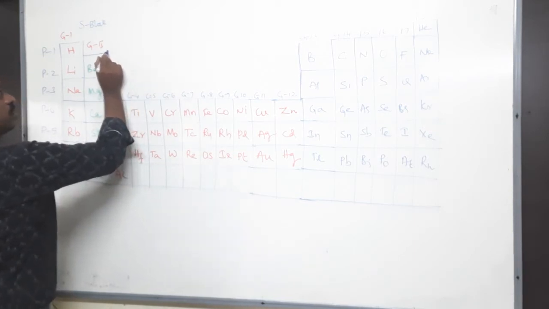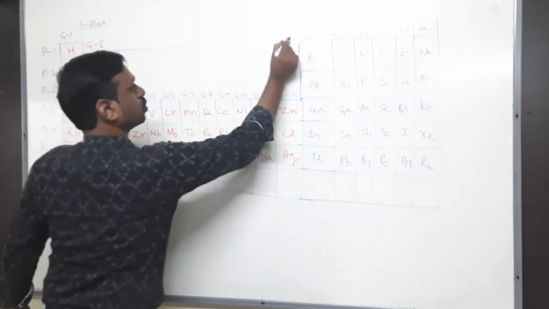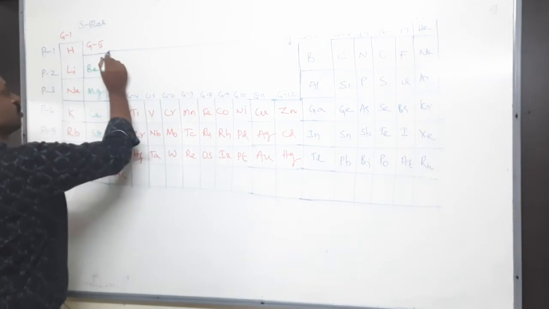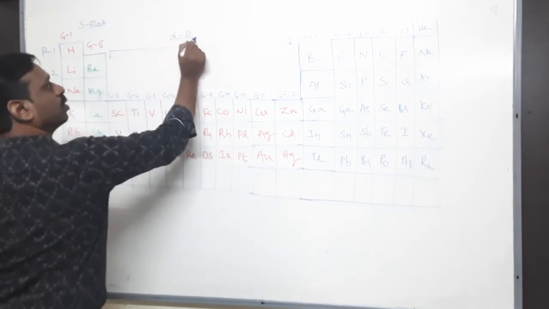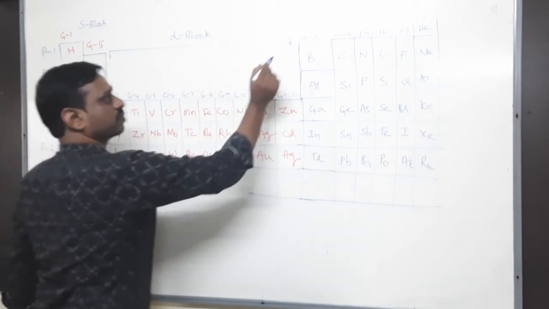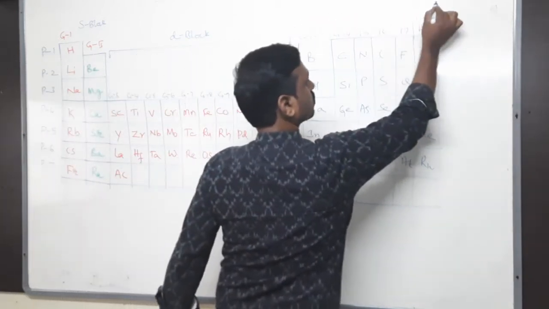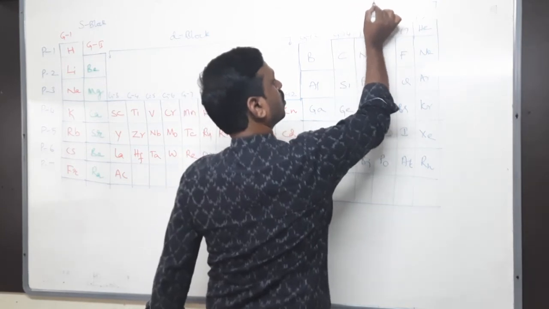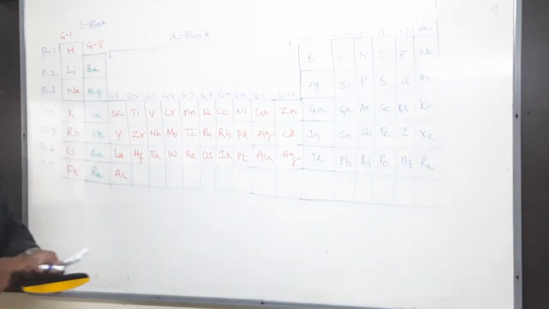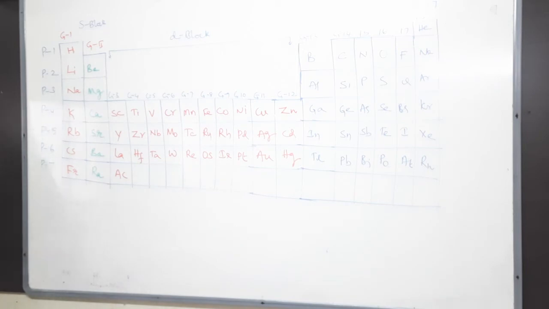Here, third group to 12th group, they are D block elements. These are P block elements. Then where are the F block elements? Okay, we will discuss that later.